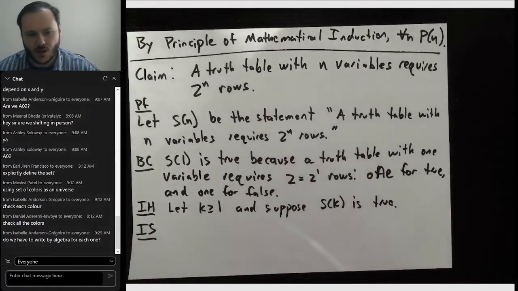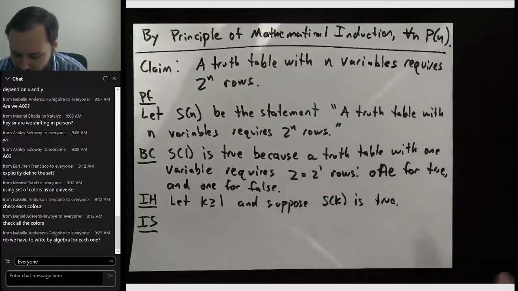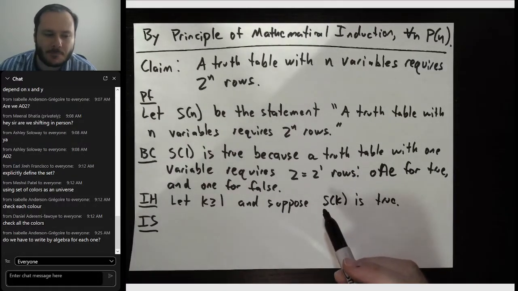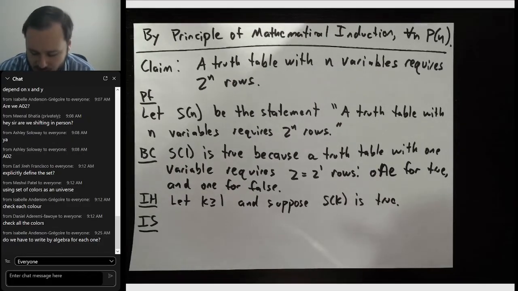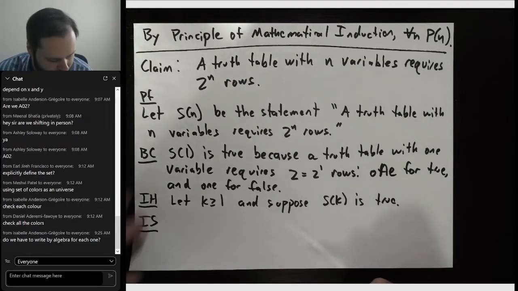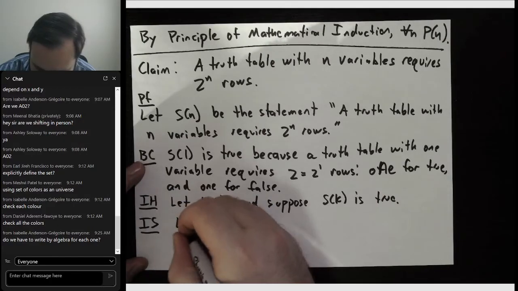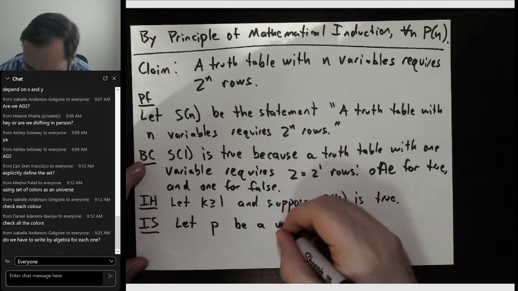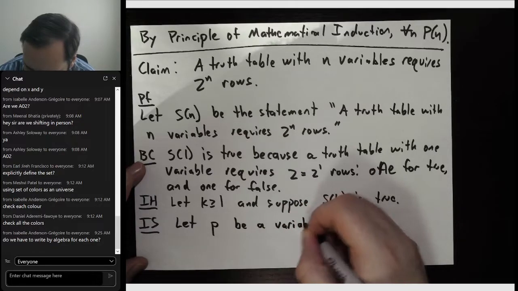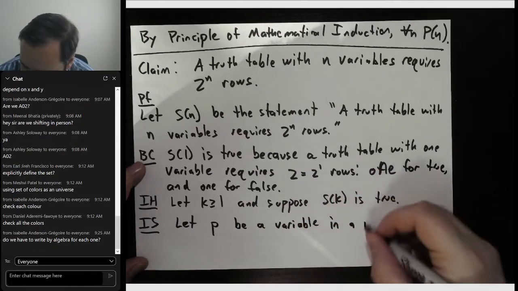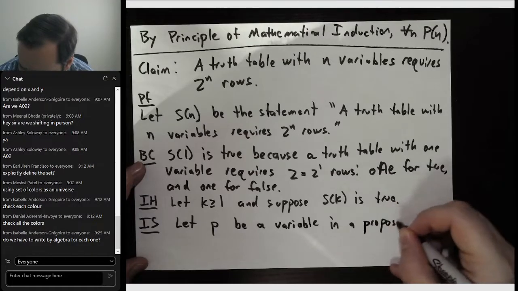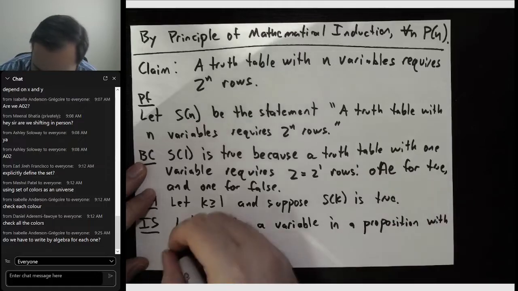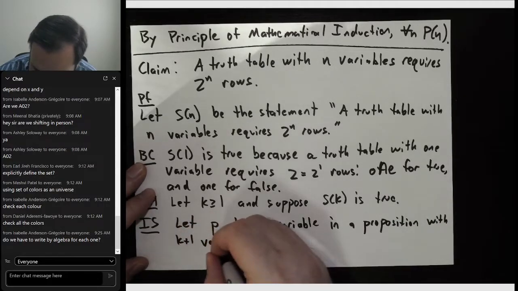Okay. All I've done so far, I barely had to think. My base case was pretty easy. Now I have to stop and think, why do I think this is true? So let p be a variable in a proposition with k plus 1 variables.